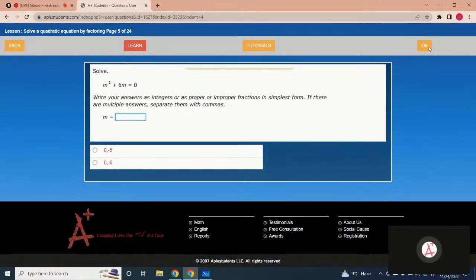Okay, so m has the two values. They are 0 and negative 6. Got it?